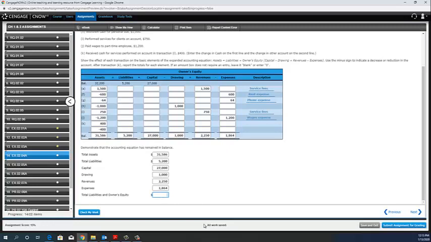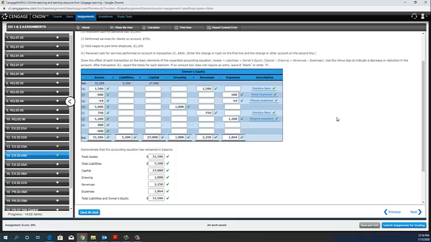And when we do that, we get the 31,586, which is the same amount as our total assets. So liabilities plus owner's equity do equal our assets, but it's very important that you remember to subtract drawing and subtract expenses because these two reduce owner's equity. So now we'll check our work, and it looks like everything looks good.